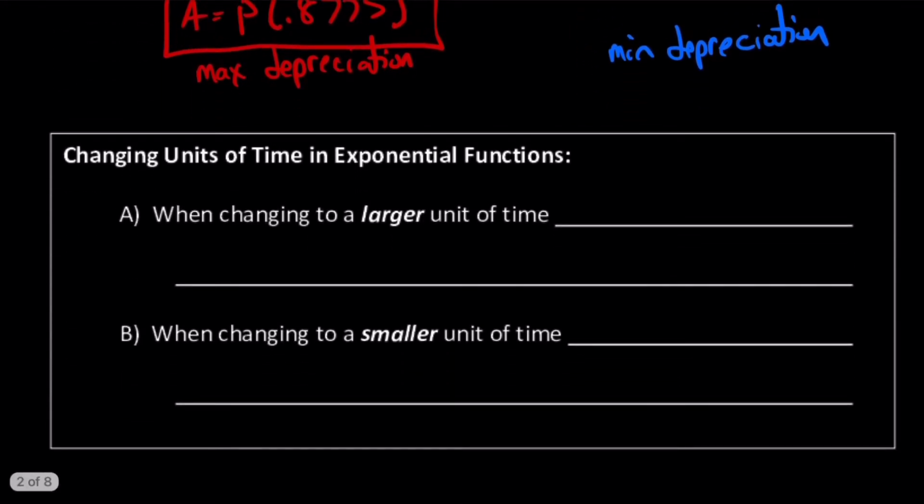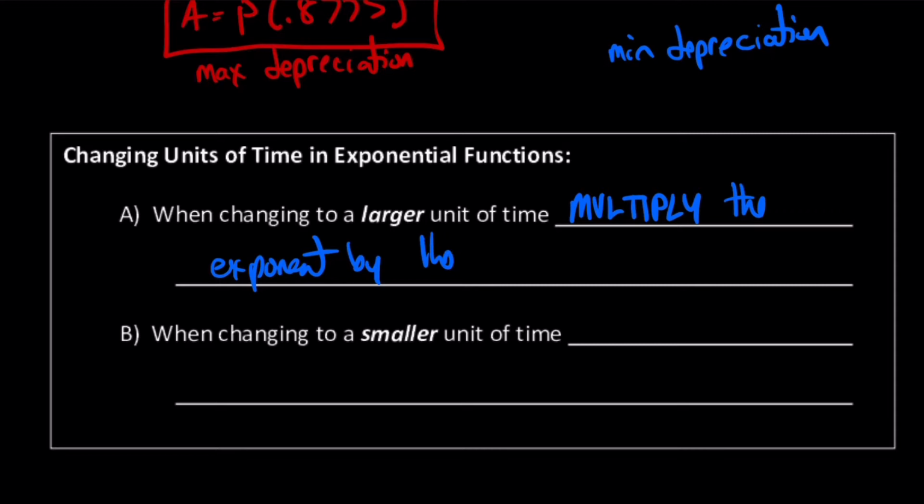Okay, moving on. Today's lesson, changing units of time in exponential functions. Pretty important concept here. When changing to a larger unit of time, multiply the exponent by the conversion factor, which obviously just depends on what we're converting to.